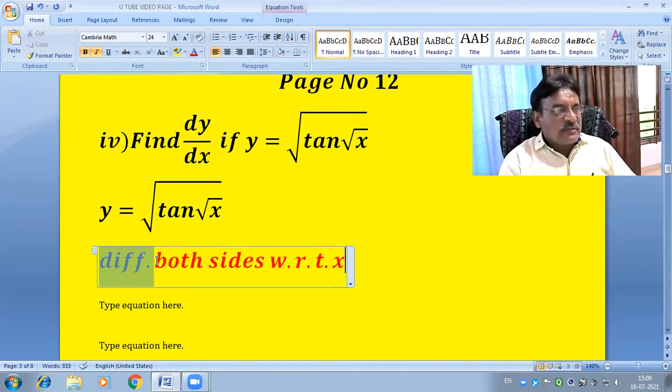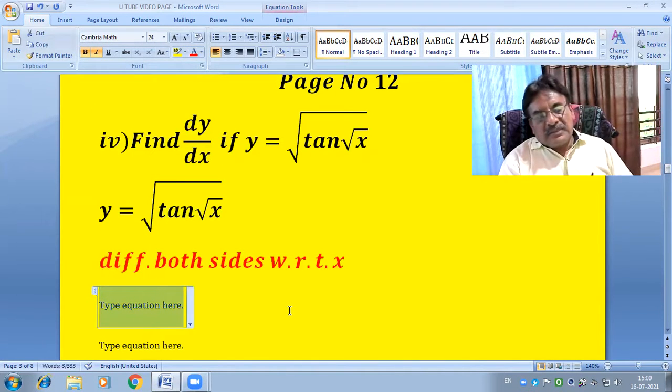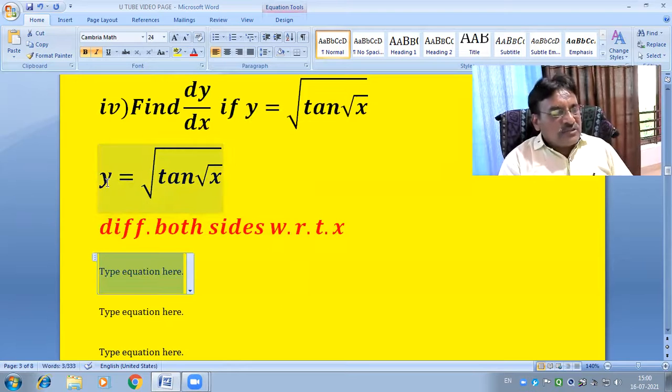Then we find dy by dx. On the left hand side, y is present, and the derivative of y with respect to x is dy by dx.